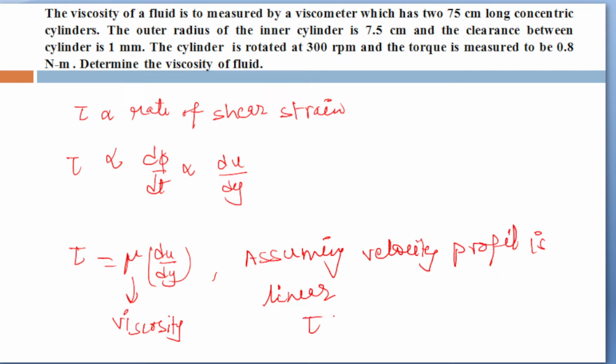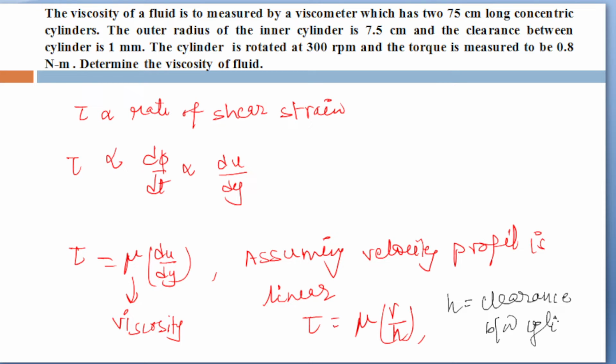Then the shear stress tau is proportional to v by h, where h is the clearance between the two layers of the fluid, that is, between the inner cylinder and the outer cylinder.